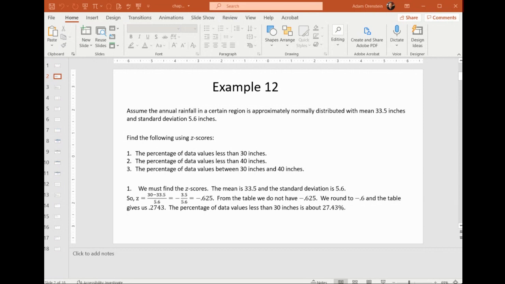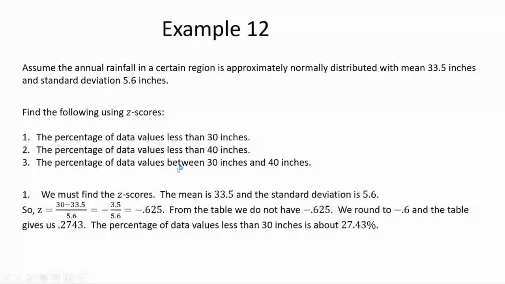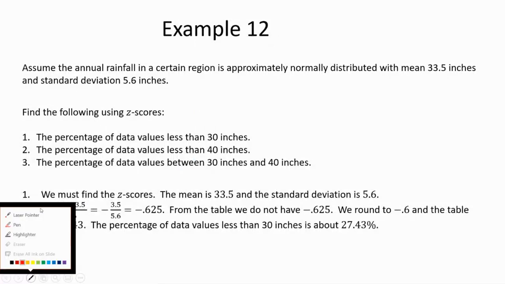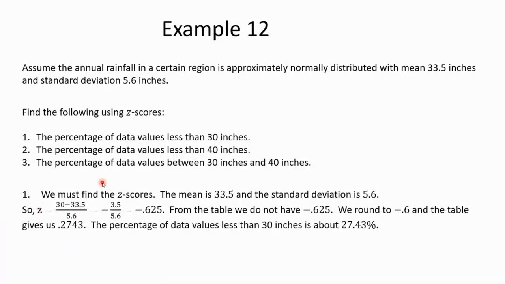Okay, so again, we want the percentage of data values here less than 30 inches. I will show you how to find that using Desmos, but for now, let's use the z-scores. We know the mean is 33.5 inches and the standard deviation is 5.6 inches.